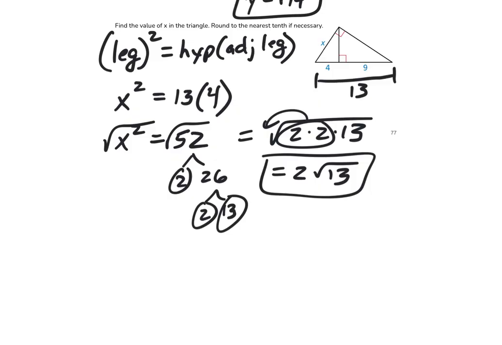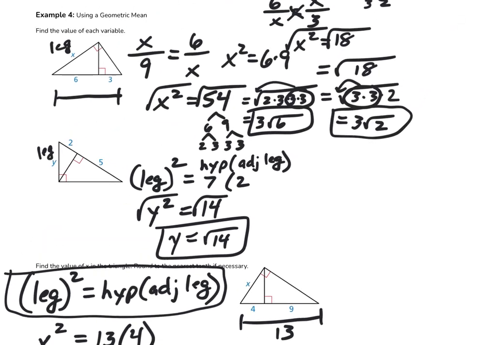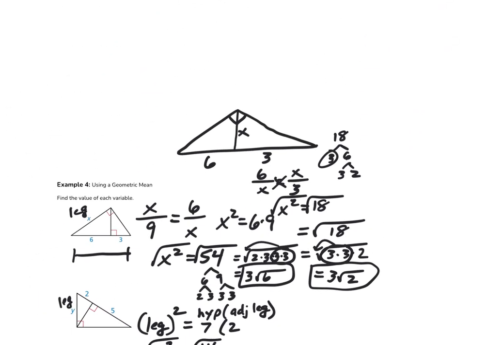Okay, so essentially there's two formulas here today, guys. There's this formula right here, and then there's this one up here, which the x is what we're squaring. So if I wanted to do this one here, X squared equals each part of the hypotenuse times each other, okay?